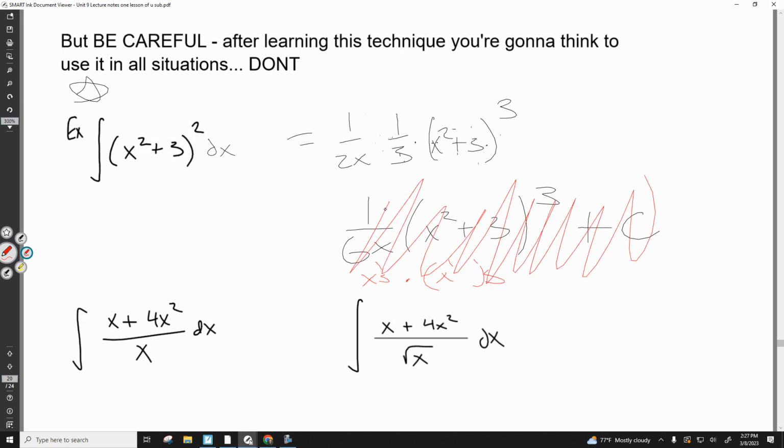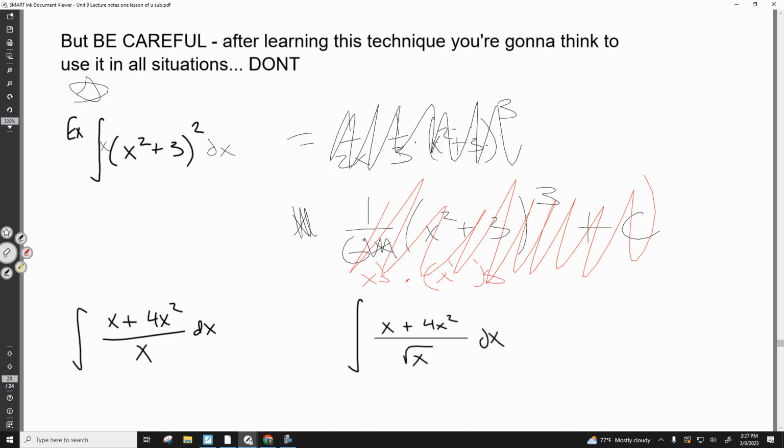Just because you see parentheses doesn't mean the right approach is to undo a chain. If you ever undo a chain and you create a product, you did something wrong. If there was an x outside of this, you would be able to do this procedure. If there was an x that could cancel with this x, you would be able to get the right answer.